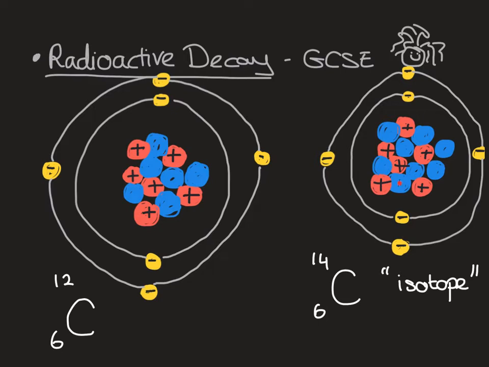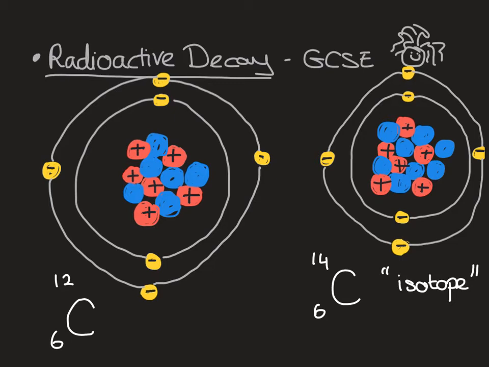If we have a look at this second atom over here, and we have a look at first of all what type of element it is, we count up the number of protons and we find that we've got 6 again, which makes it carbon. So the atomic number is 6 and it is an element of carbon. If we look at the charge, again, we've got 6 electrons balancing out the charge of those 6 protons. So it's an atom, not an ion.